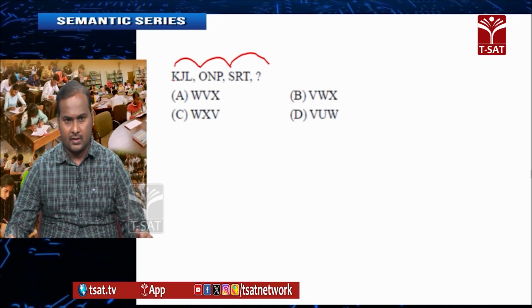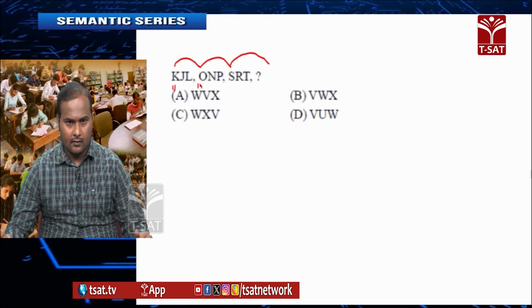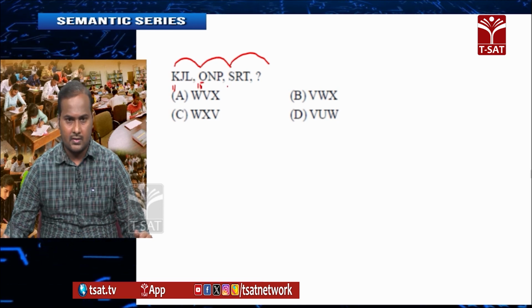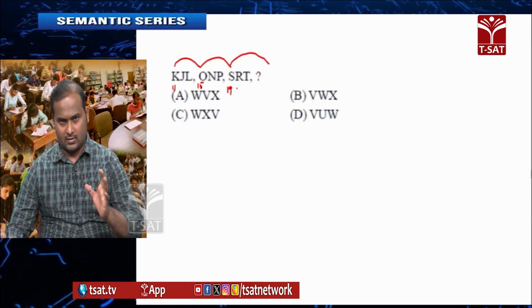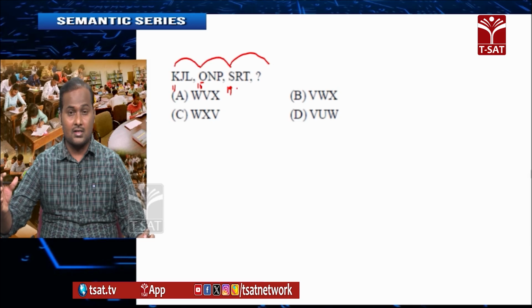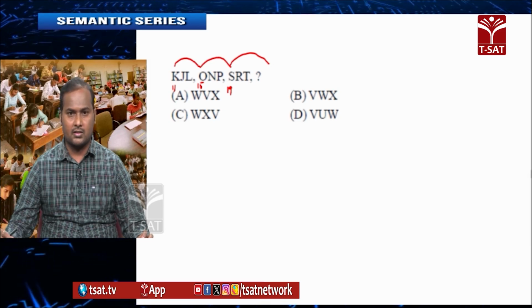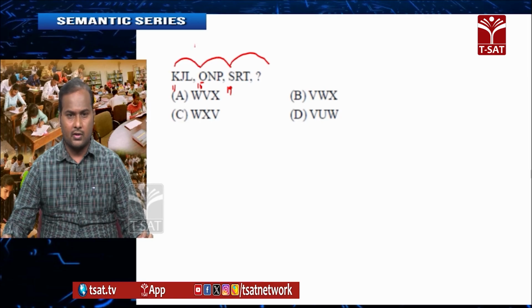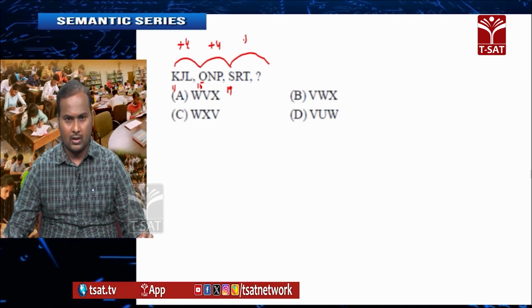For example, you see K is 11, O is 15, S is 19. The moment I see K, O and S, in my mind I can see that there is a consistent increase of 4. So that is the key here. Like that you have to think in the exam to get the answer very fast. So in this case it is increasing by plus 4 and plus 4.